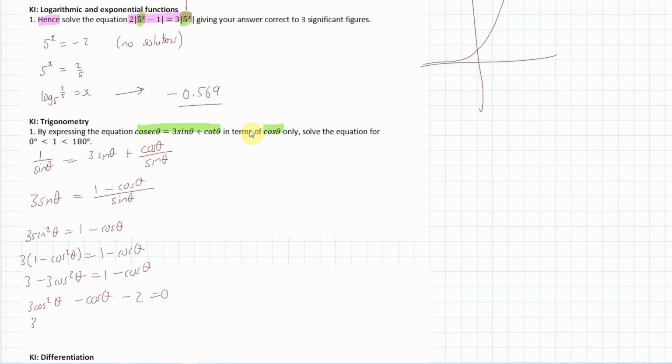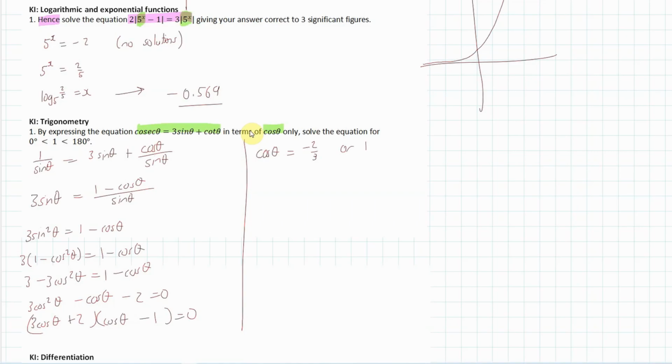And I'm thinking of factorizing at this point. And I think that's it. Alright, so now we've got some results that we can use. So cosine theta equals negative 2/3 or 1.